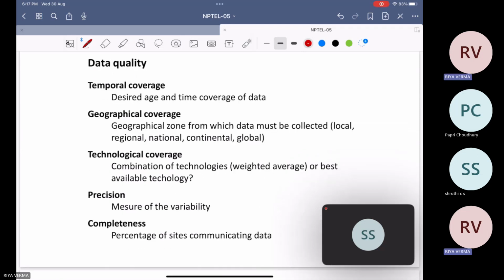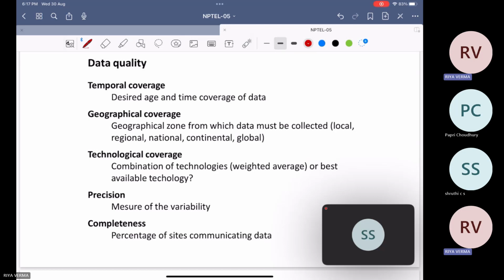Then the quality of data is very important, and this includes certain factors such as the temporal coverage, that is, the data that we are using should have the desired age and time coverage of the study that we are performing. Then the geographical coverage.